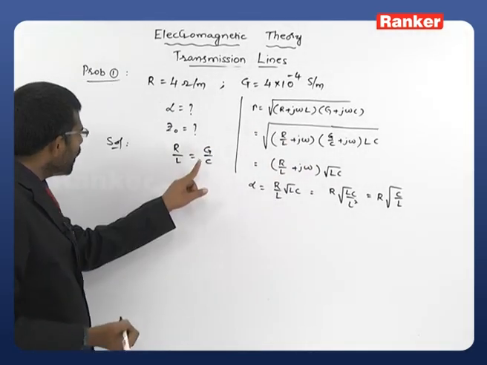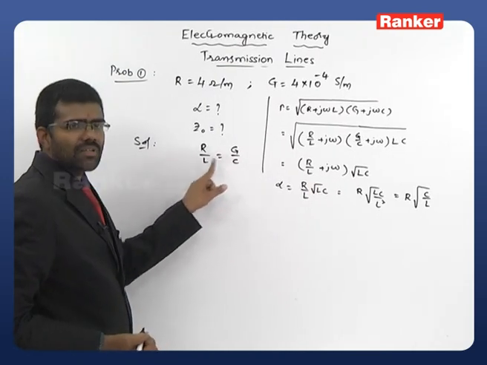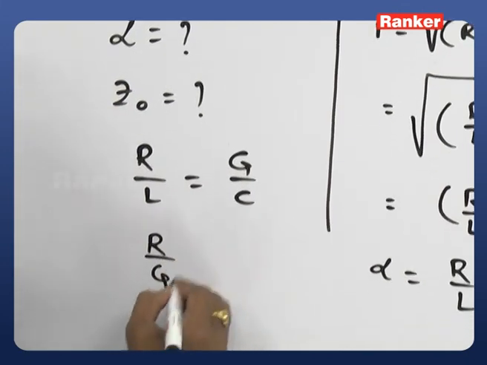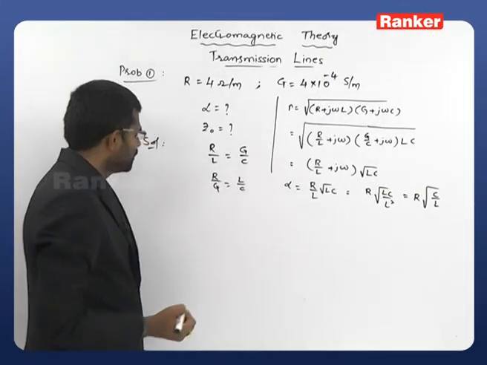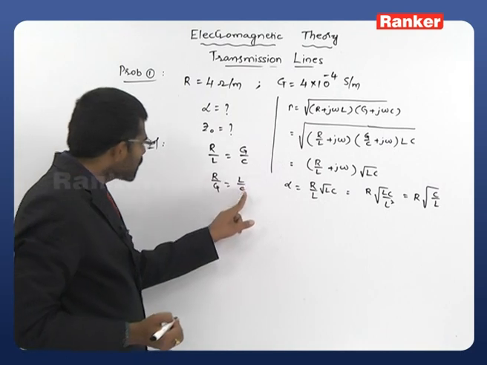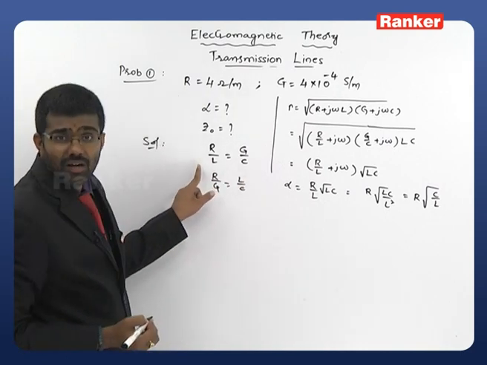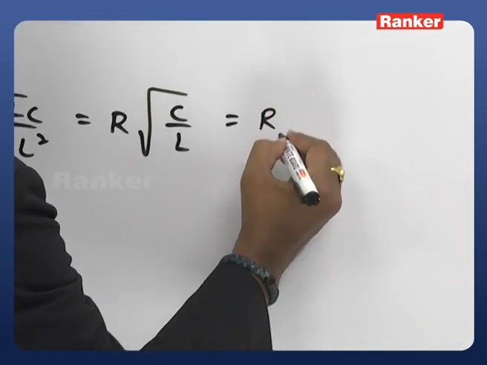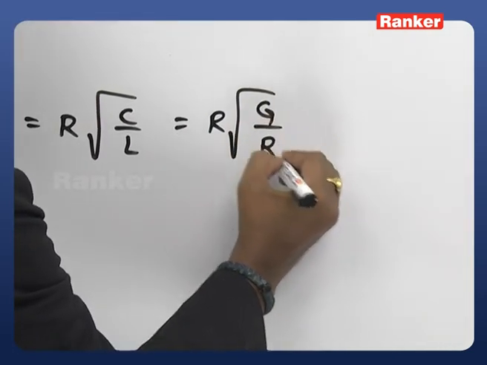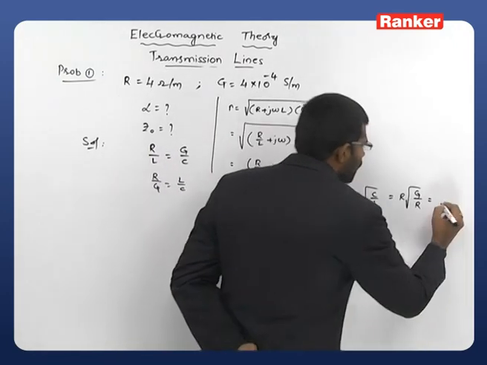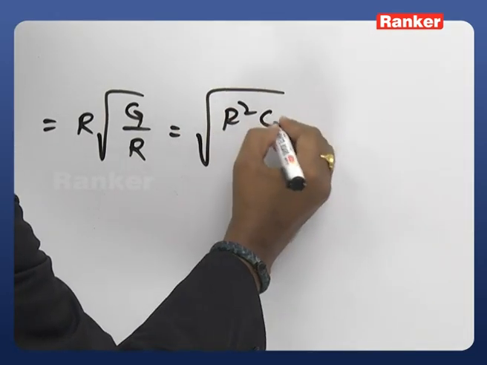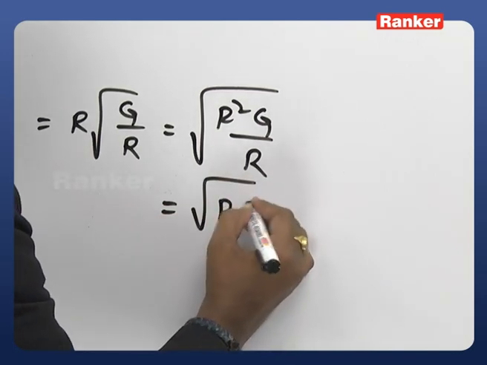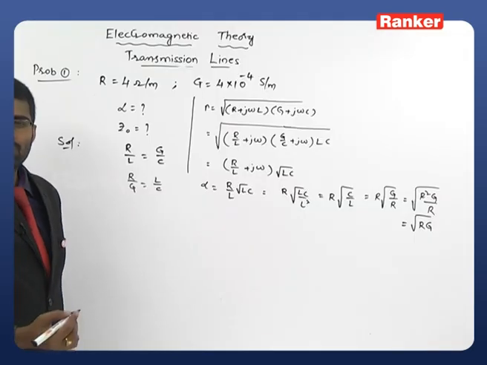Now what is C by L? Just rearrange this particular term. R by L is equal to G by C corresponds to R by G is equal to L by C. Instead of C by L, I can substitute G by R. That is R root G by R, which is equal to the square root of R square G by R, which is equal to the square root of RG.